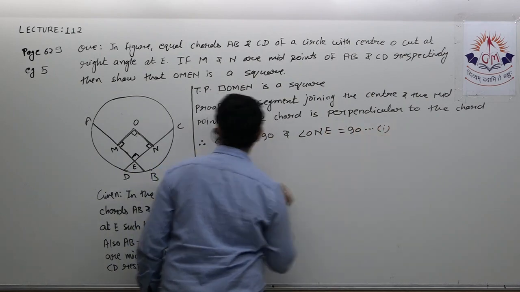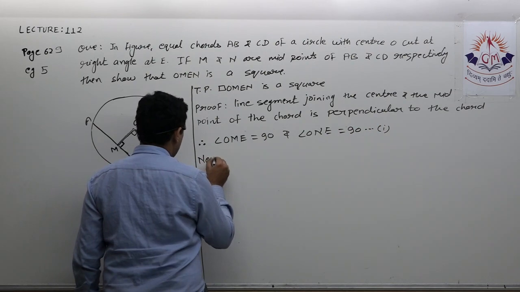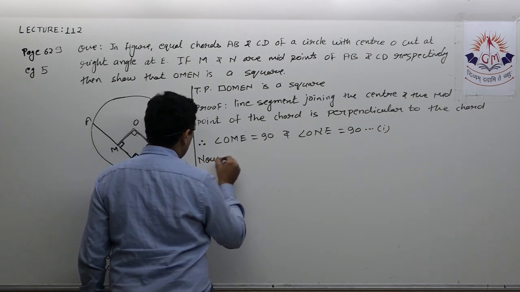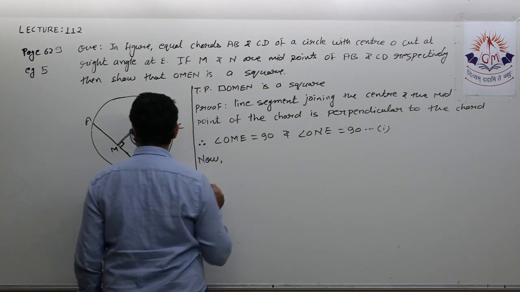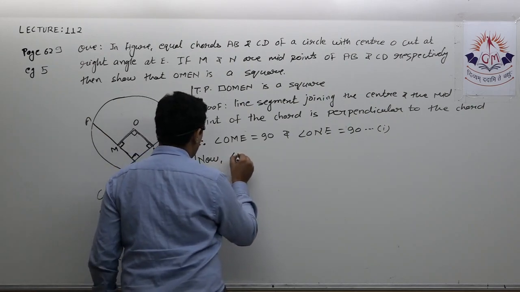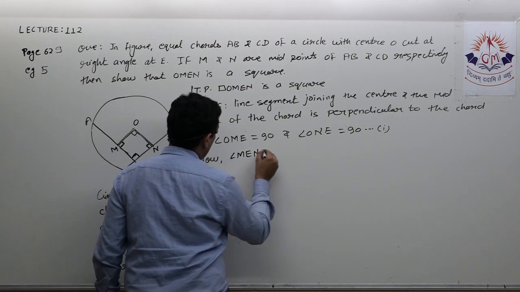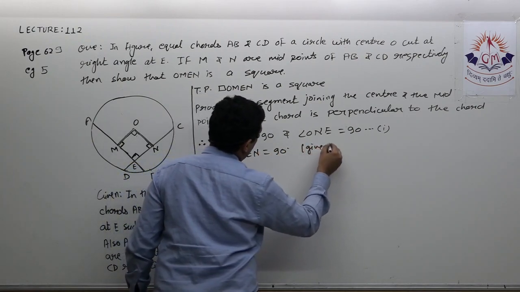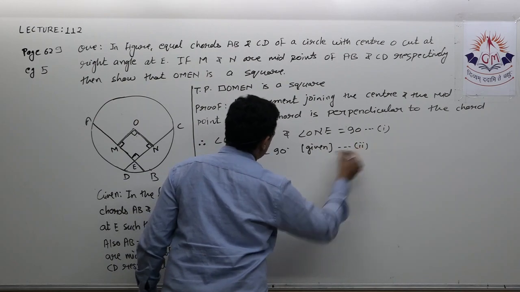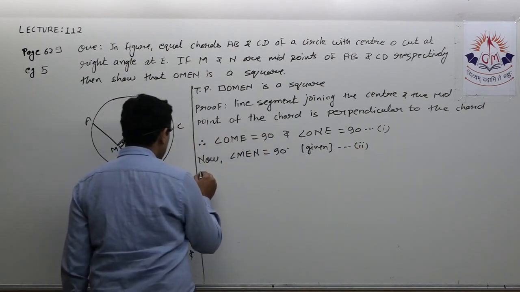Let it be first. Now chords AB and CD, angle MEN is equal to 90 degree. That is given directly. Let it be equation number 2.